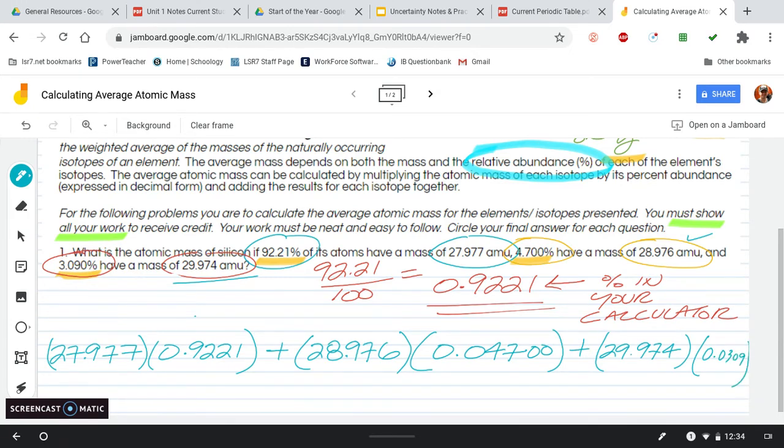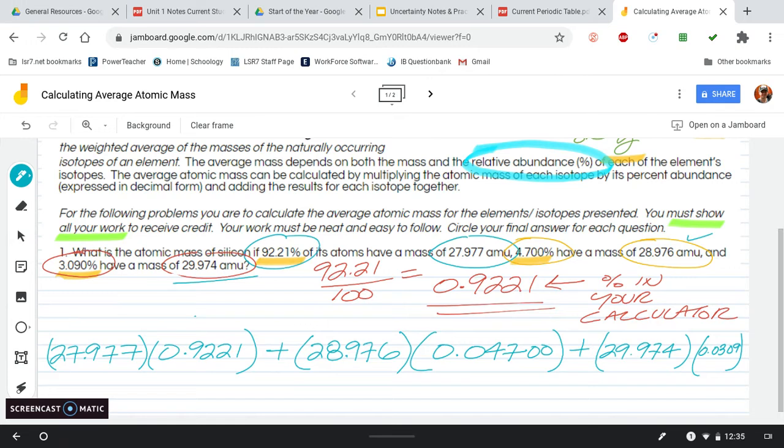All right, look, I fit it in there. Maybe I should try that again. Let's try it again. 0.0309. Okay, look, that looks pretty good. All right, so then you're going to do the math.